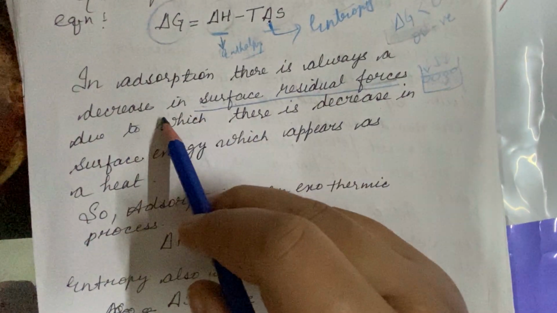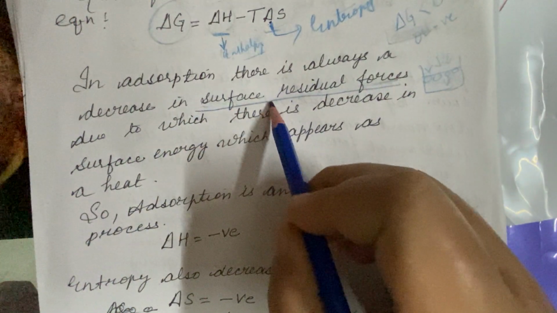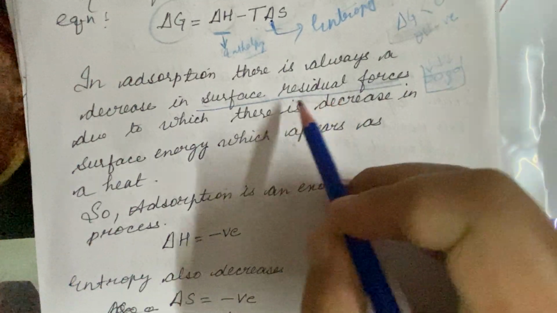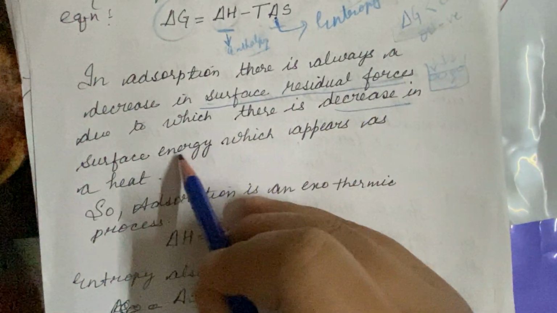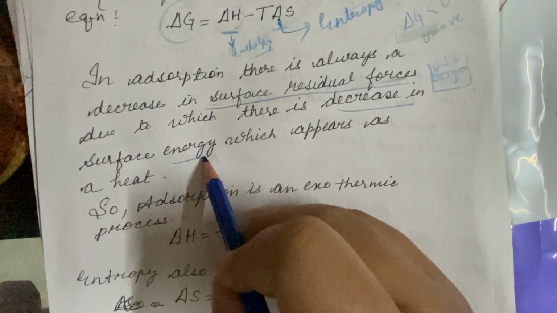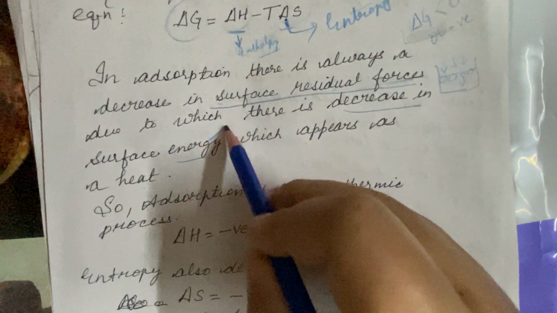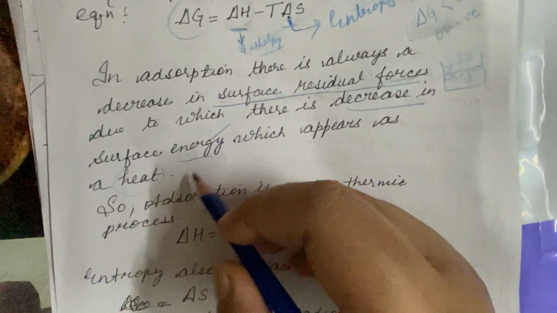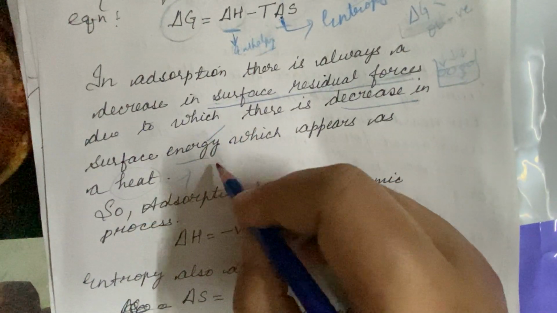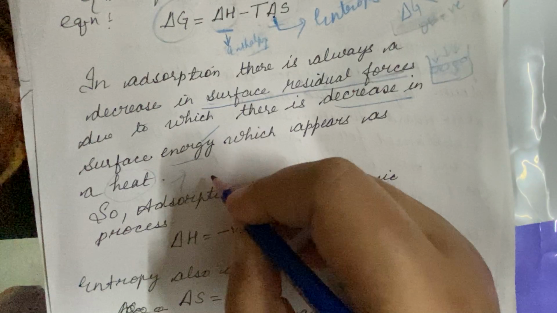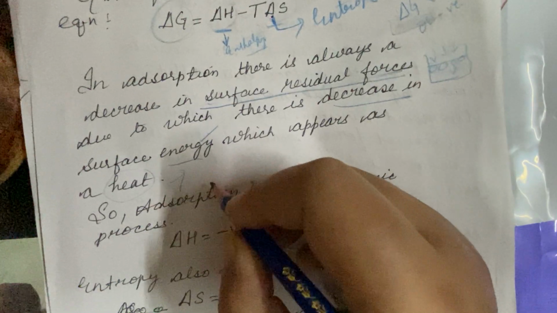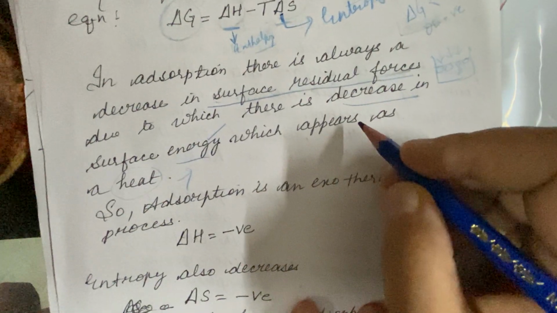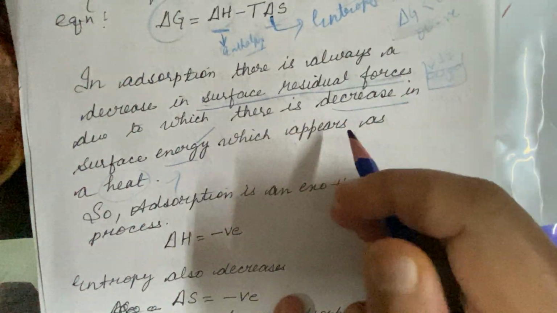Now there is a decrease in surface residual forces, due to which there is a decrease in surface energy. When the surface energy decreases, it appears as heat. It means, as I told you earlier also, that adsorption is an exothermic process. So how is it happening?